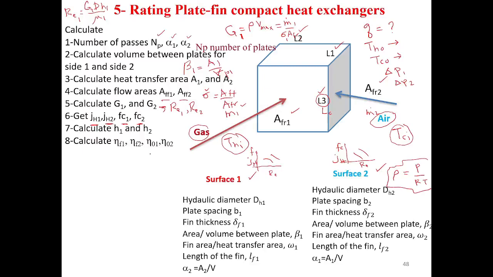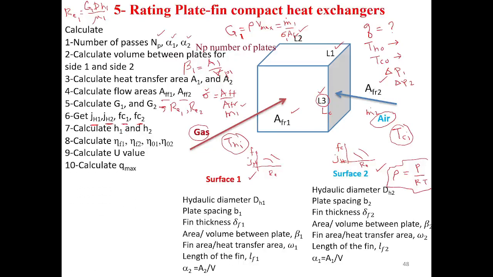We have fins on this side and fins on the other side, so you have to take care of that and calculate the fin efficiency for both sides and the overall surface efficiency for the surfaces. Once you have calculated all these parameters, you can go back and substitute in the equation for the U value. Of course, one thing I didn't say here, but the heat transfer areas have been calculated in step number 3. So it's easy to calculate the U factor in step number 9.